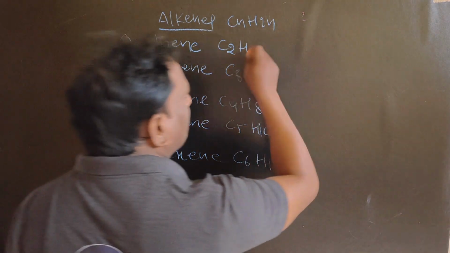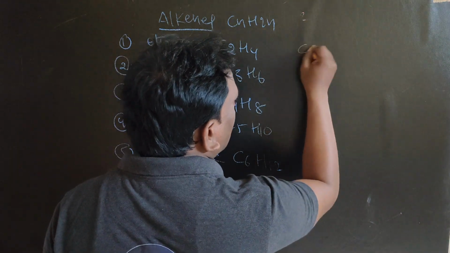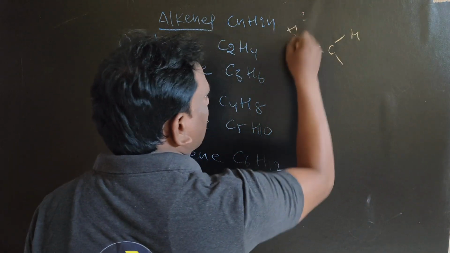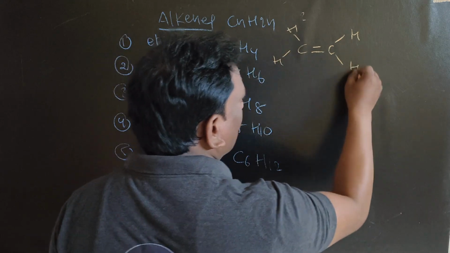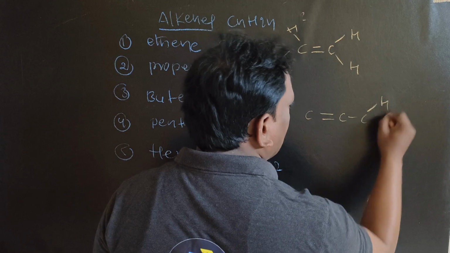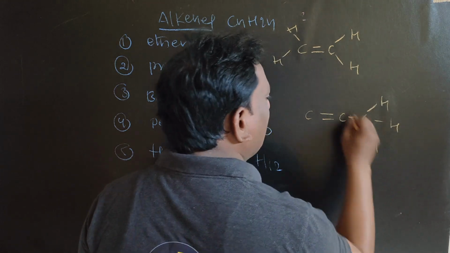Let us check. This is the structure of ethene, with the C double bond, and this is the structure of propene.